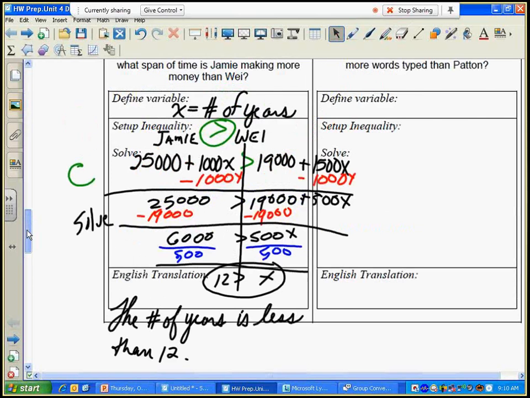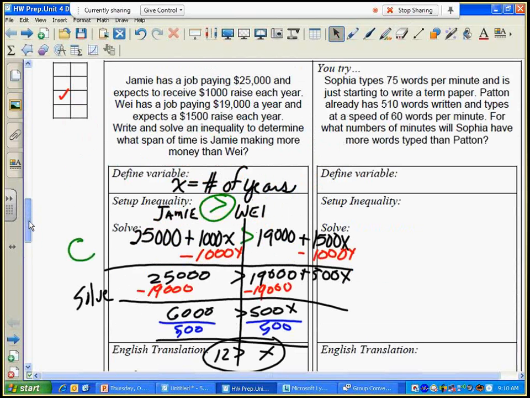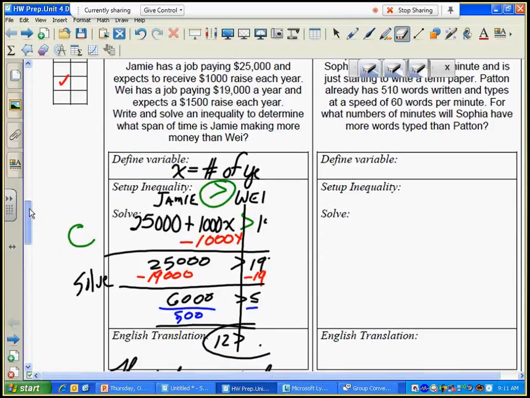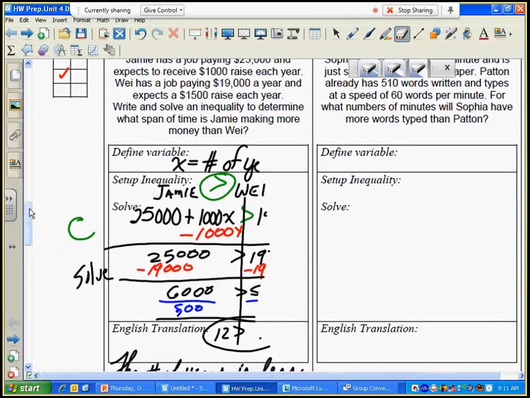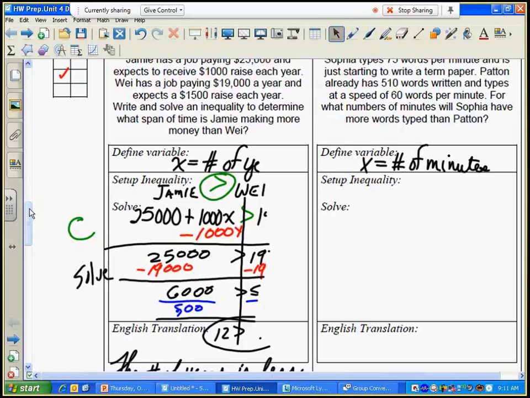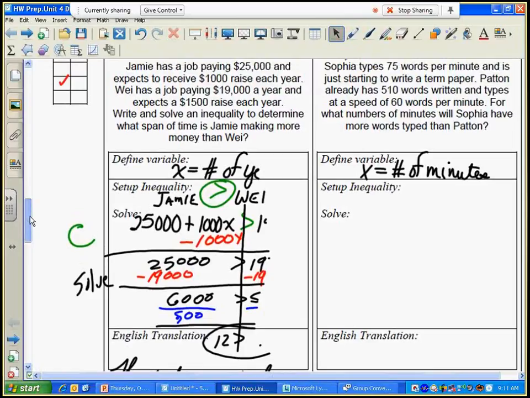Okay, give a shot to the one over here on the right. Okay, they want to know for what numbers of minutes will Sophia type more words than Patton. Okay, so let's go with number of minutes. Okay, let's see here. Sophia types 75 words per minute and is just starting to write her term paper.